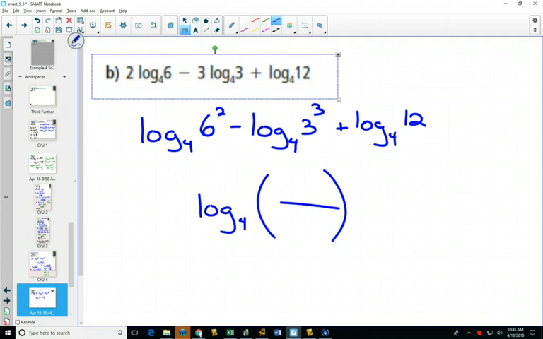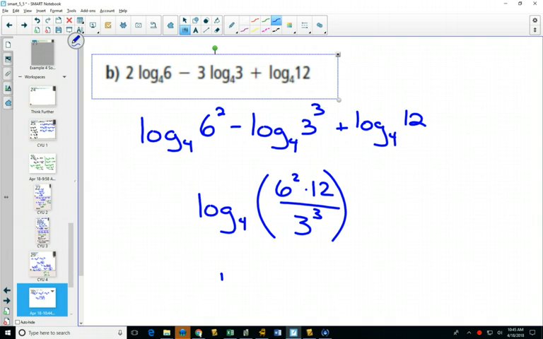So I have two things that are added, the 6 squared and the 12, and one thing that is subtracted, the 3 cubed. Again, you can decide if you think this is easier to multiply out in your head and get 864, you can do that.